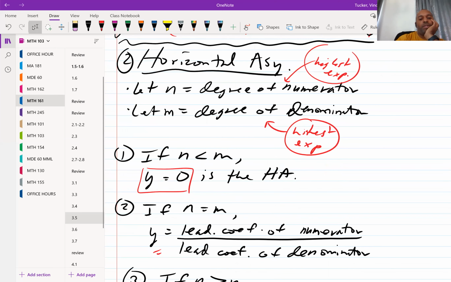And you recognize you have that scenario, y is equal to 0. If your highest exponents in each are equal, then you're just going to take the leading coefficient of each. And once again, it's y equals.